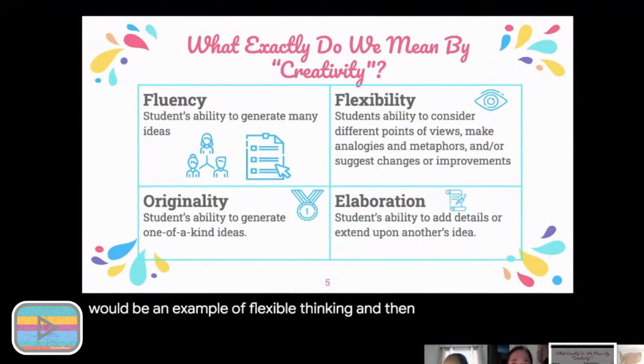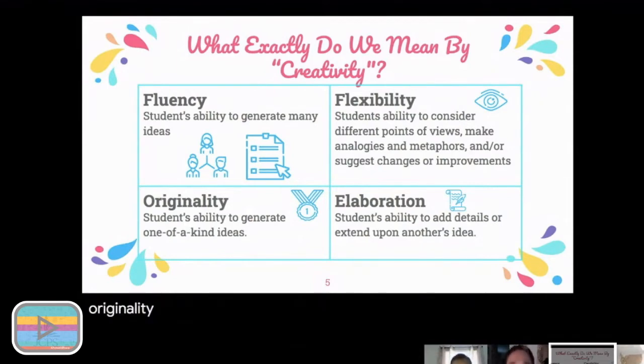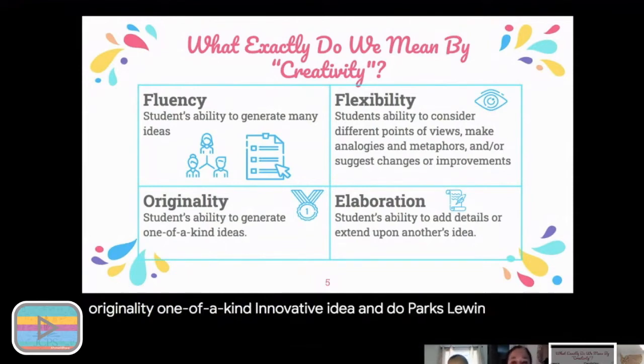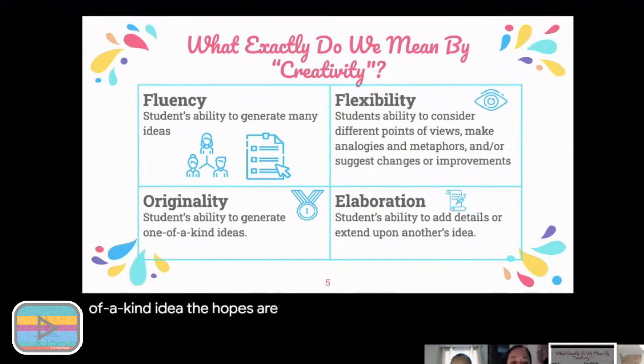And then, of course, originality is the one when most people think of creative thinking, they think of originality. It's this one-of-a-kind, innovative idea. We use the top 2 parts, fluency and flexibility, to generate that one-of-a-kind idea. The hope is, if you're fluent and flexible enough in your classroom with your kids, then that one-of-a-kind idea shows up.